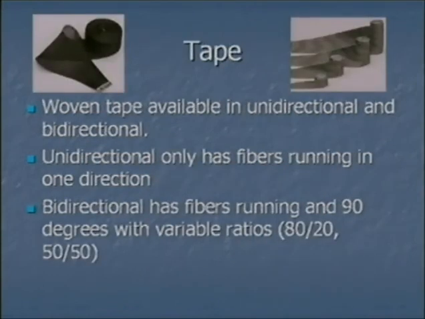Then we have tapes, and tapes are just exactly what they sound like. They're rolls of carbon fiber in a tape form. They can be unidirectional, so you only have fibers running in one direction, or you can have bidirectional, where it runs at a 45-degree angle, like the carbon braid does, but just in a flat sheet.